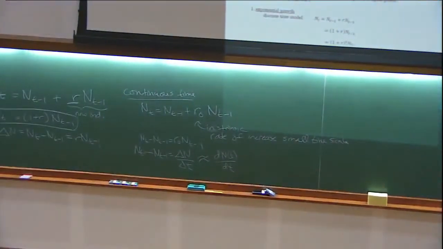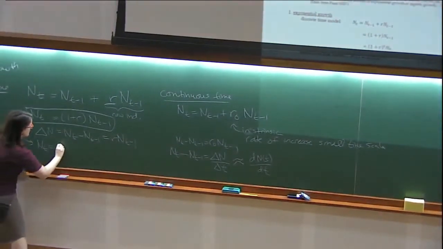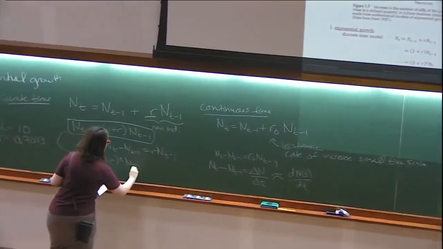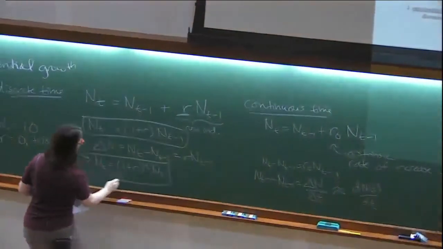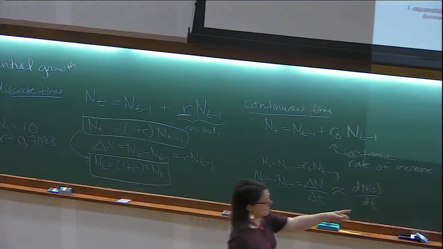If I take many time steps in this discrete case, I can eventually write it like this, which I forgot to do earlier. So that I'm writing the population size at some time in the future as a function of the population size at the very beginning. That's the same thing I've got here.